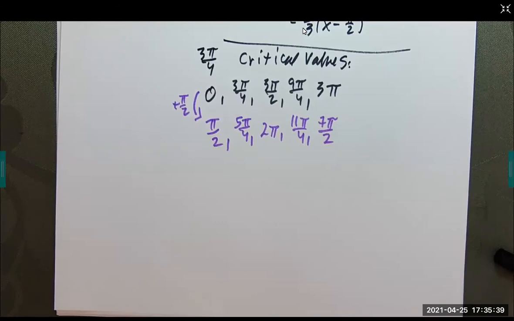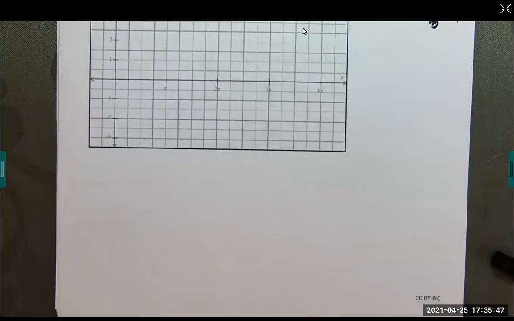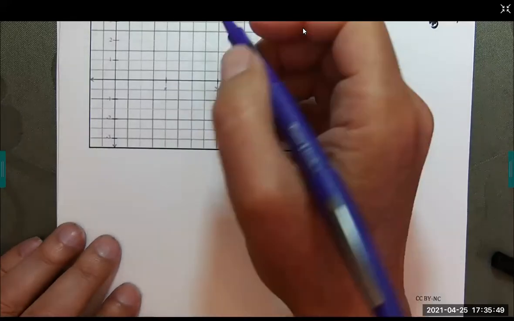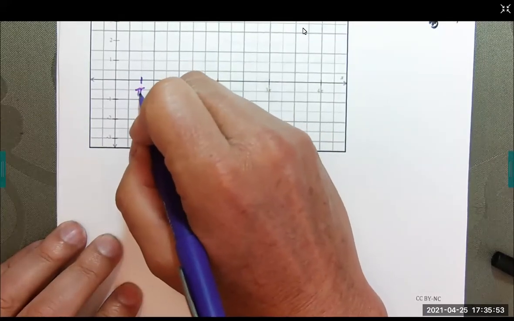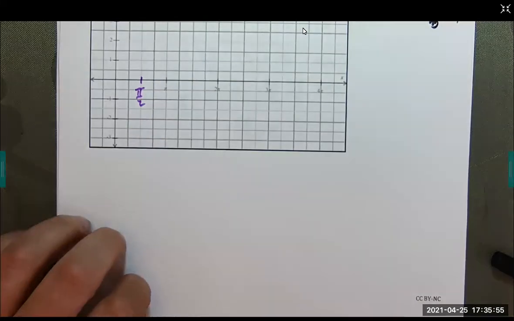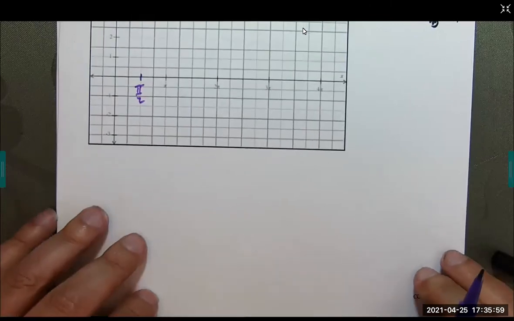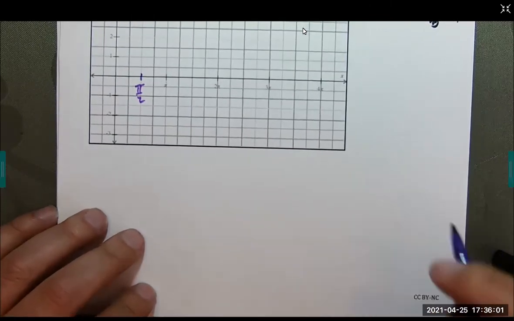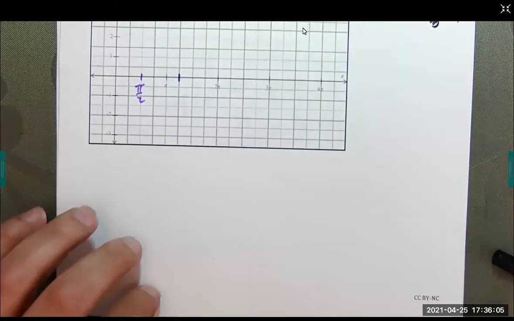Here are my new critical values. Let's mark them up. First one was pi over 2. This is pi here. So midway here is pi over 2. Next up, 5 pi over 4. That is 1, 2, 3. Each of these are pi over 4.